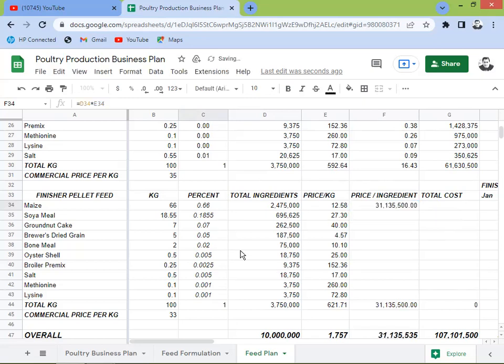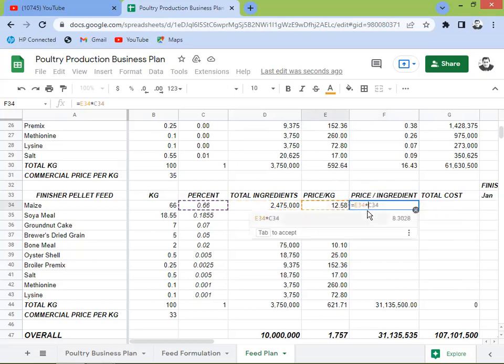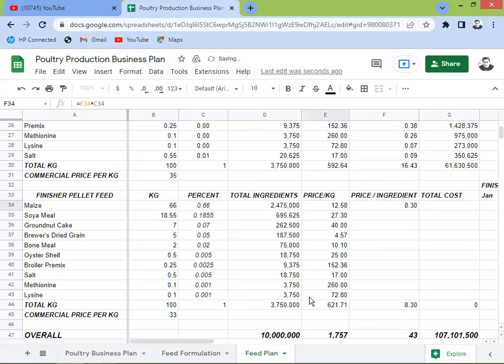Okay, that's correct. Wrong. That's why I've told you. See, sometimes Google Sheet is suggesting wrong. Price per ingredient is this one. I'm getting confused now. Okay, this one multiplied by percentage. Okay, that's correct now. Okay, I'm gonna pull it down.